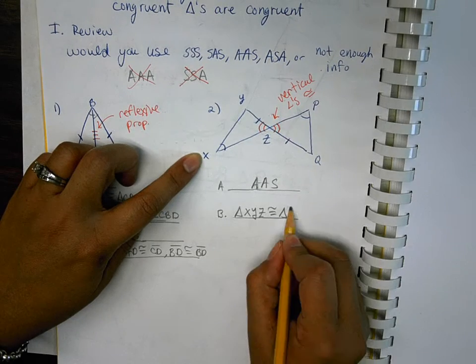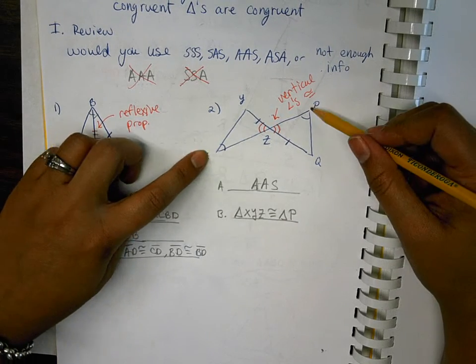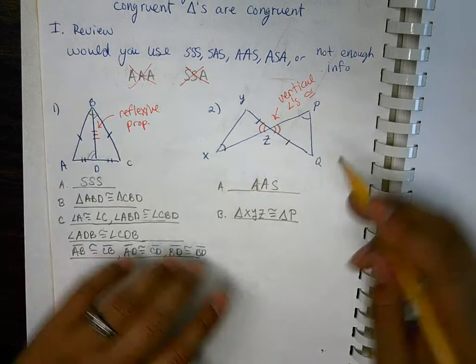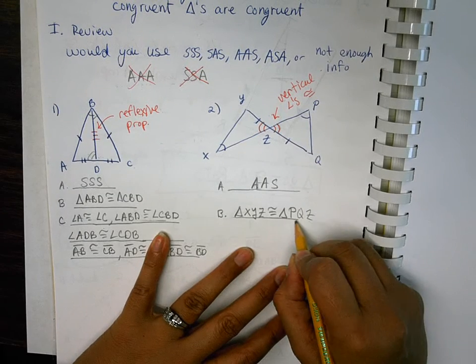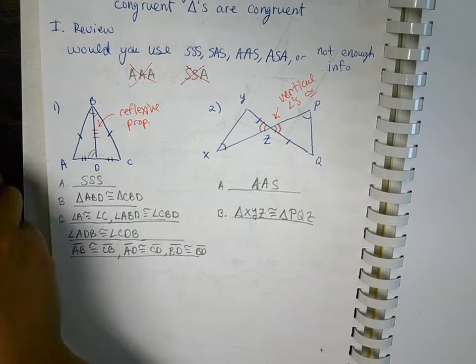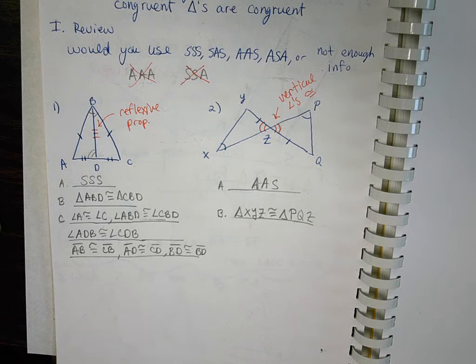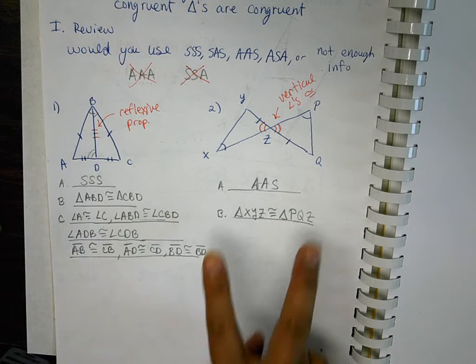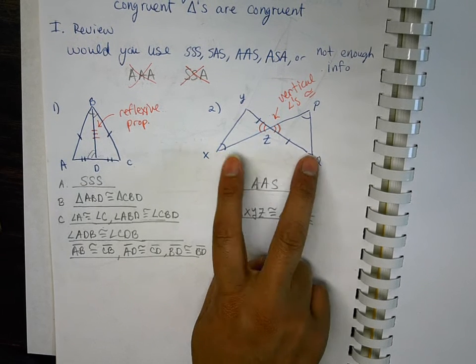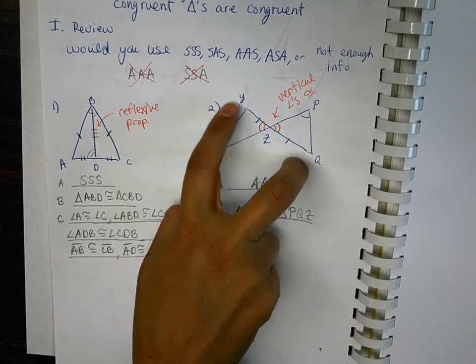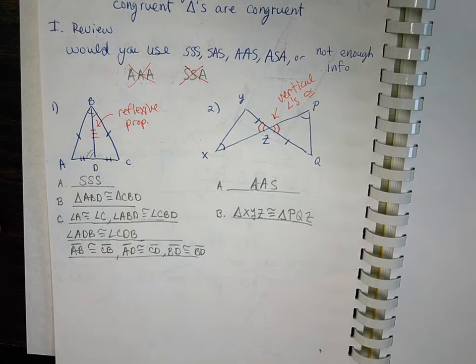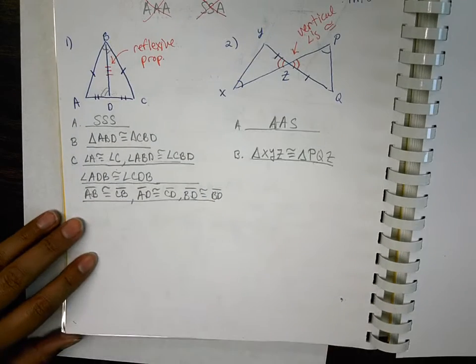P. So it's PQZ. That makes sense? Is it corresponding with it, or is it congruent with it? The 2 triangles are congruent. The corresponding parts are also congruent. So yes, the corresponding parts are congruent.